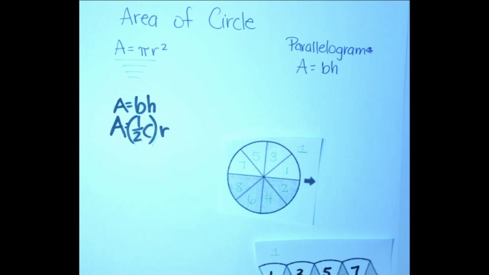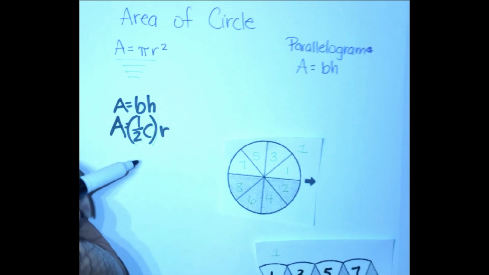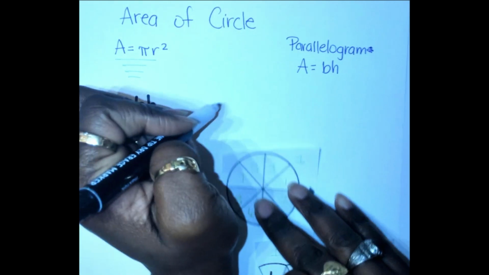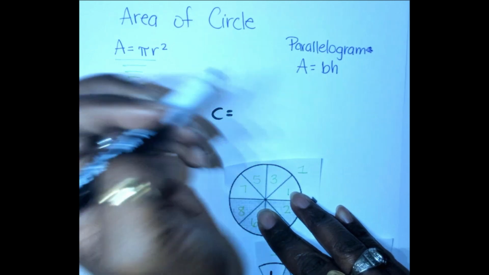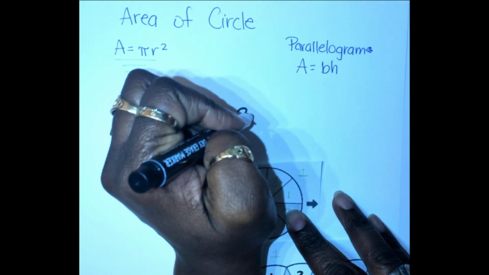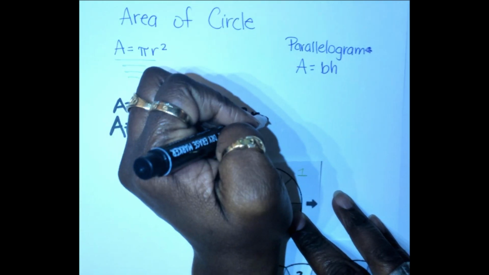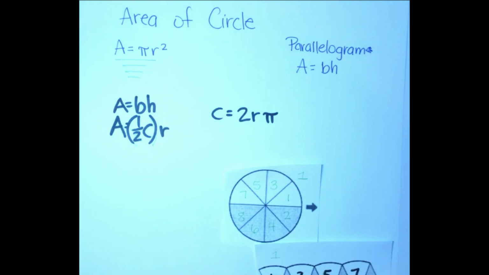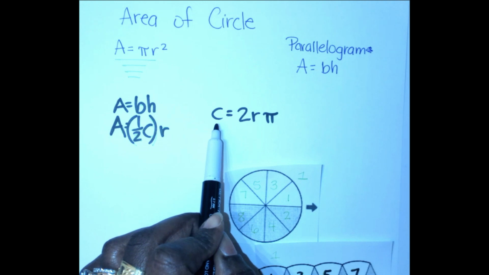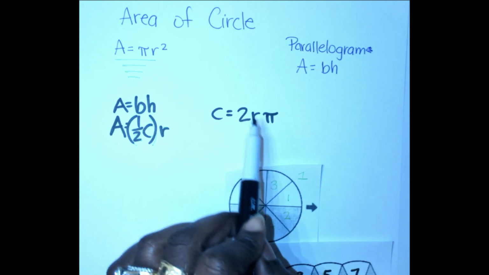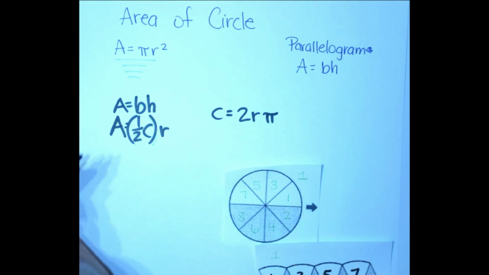Well, what is that? Well, we know the circumference is equal to twice the radius times pi. So remember that the circumference, again, is going to be twice the radius times pi if we're talking about the radius, okay? And so what do we have?